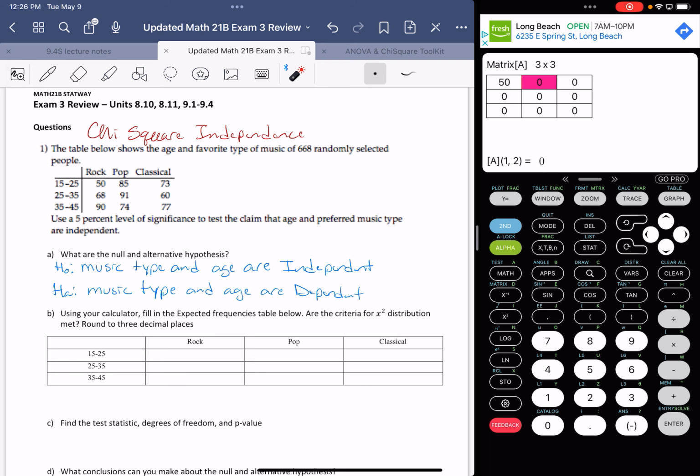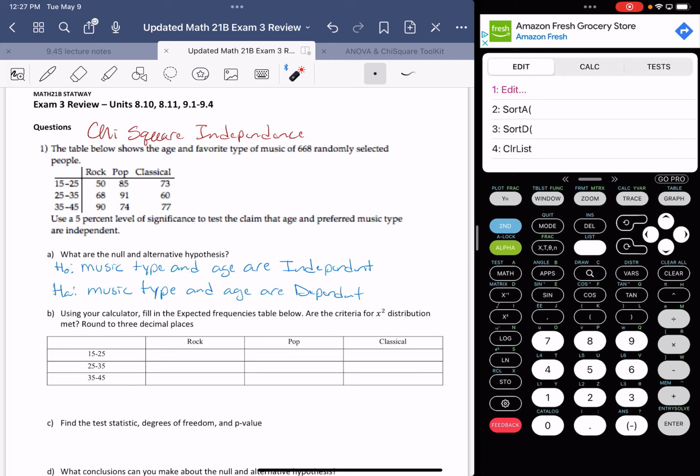All right, so enter in your data. So 50, 85, 73, 68, 91, 60, 90, 74, and 77. Once you've entered in all of your data, you go to Stat, Test, and go up to chi-square test.